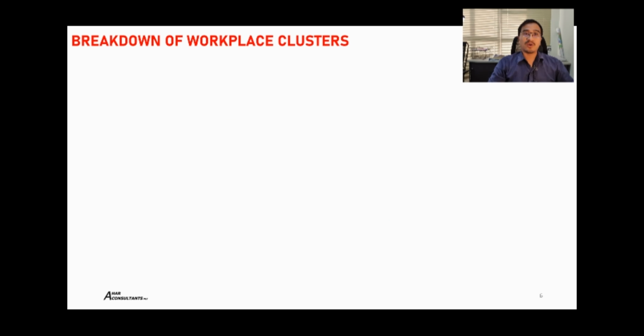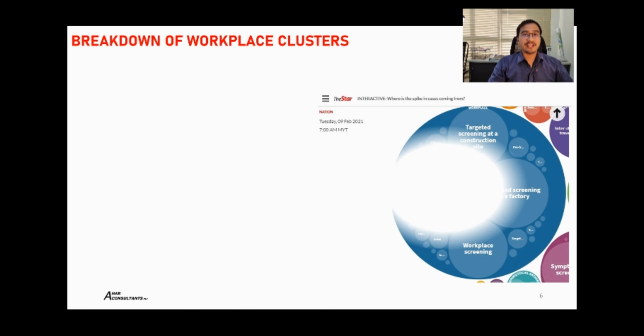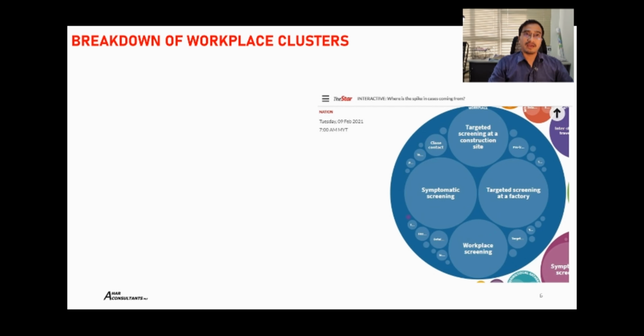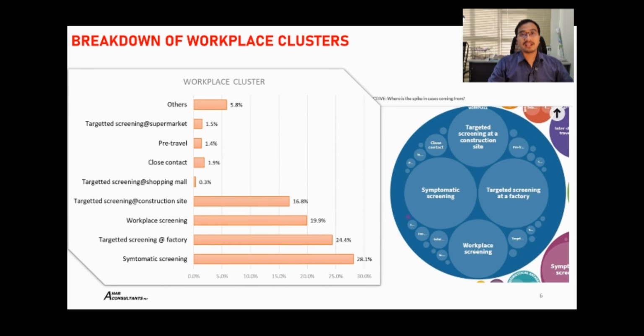We further break down the workplace cluster as shown in this graph. As you can see, the biggest contribution comes from symptomatic screening, targeted screening at factory, workplace screening, and construction site that caused the spike in numbers of COVID-19 cases.